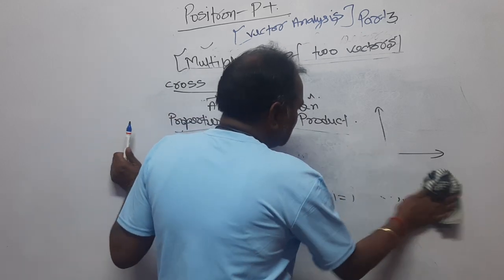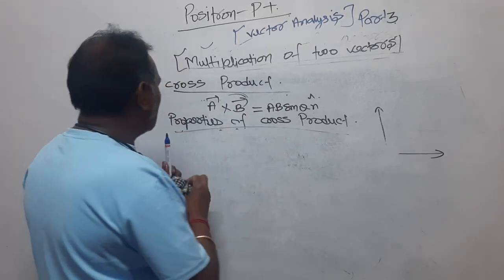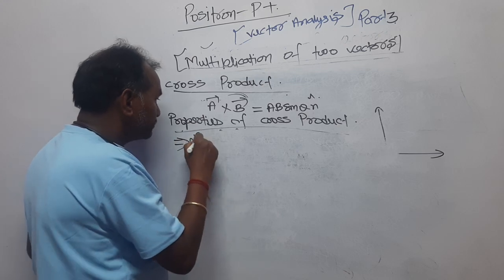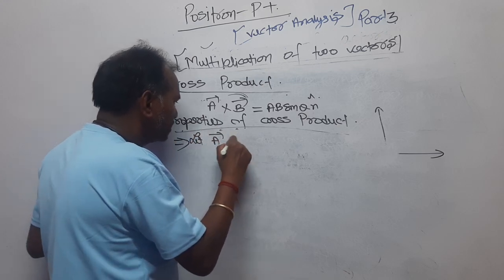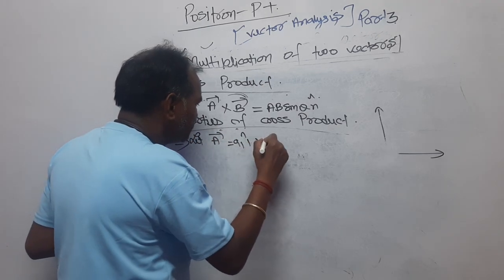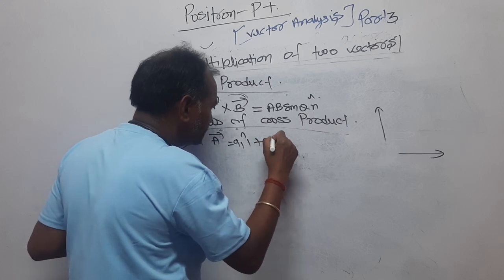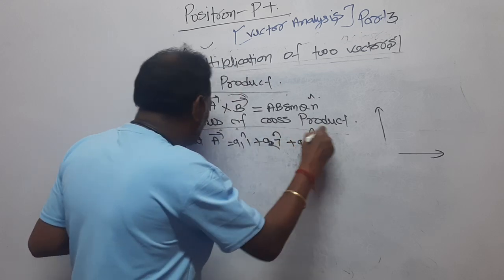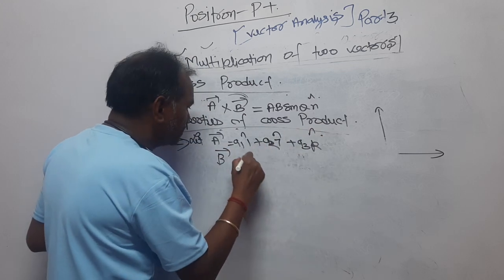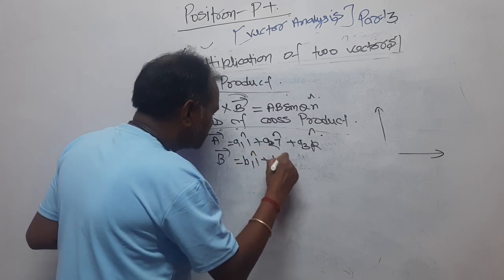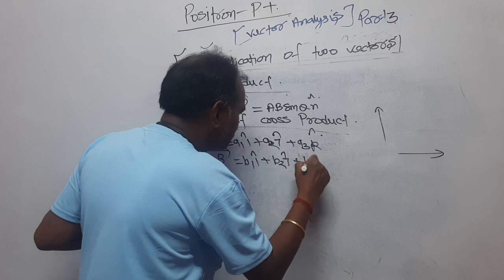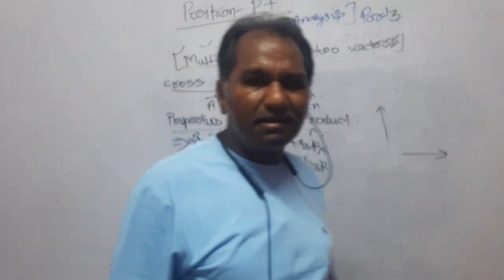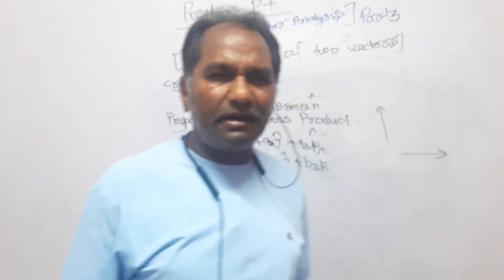Now dear student, how will you find out? The next property is: let vector A equal a1 i cap plus a2 j cap plus a3 k cap, whereas vector B equals b1 i cap plus b2 j cap plus b3 k cap. Right? Now, the question is how will you find A cross B?